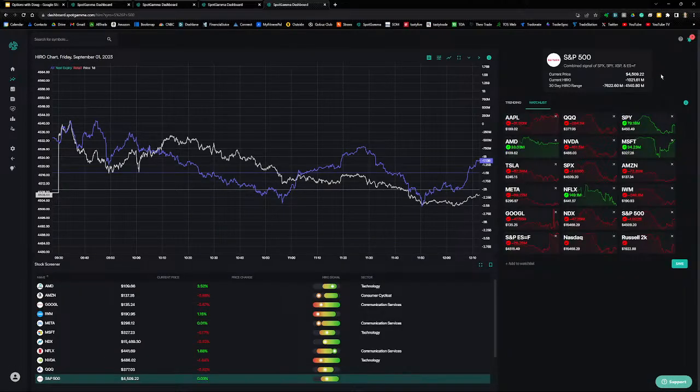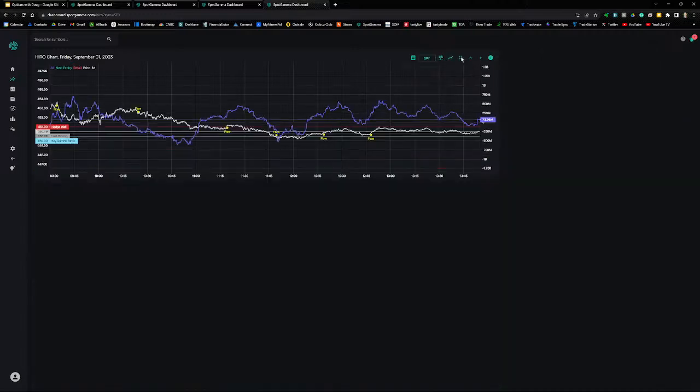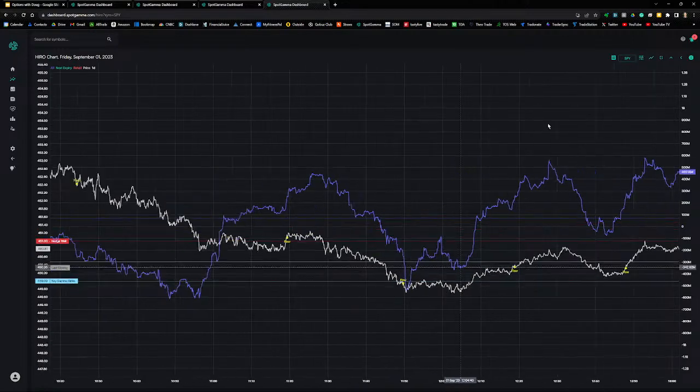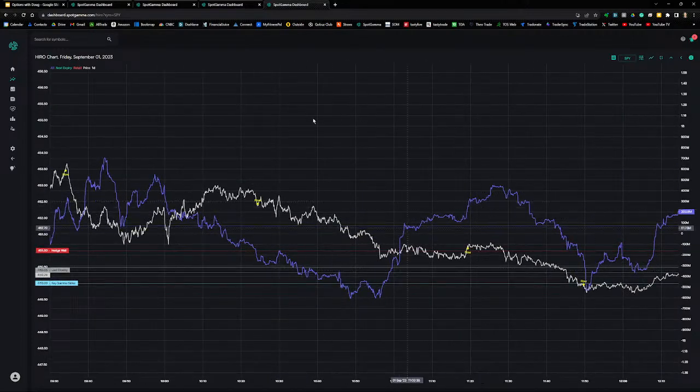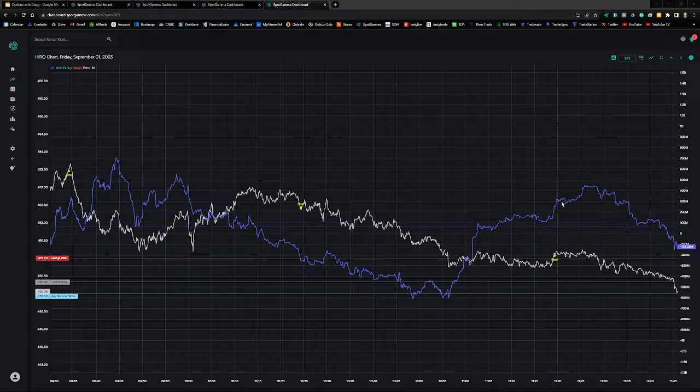Let's take a look at SPY. I'm going to zoom in on this chart. This is something new. It's still in beta, and it may be hard to see, but there are flow alerts.